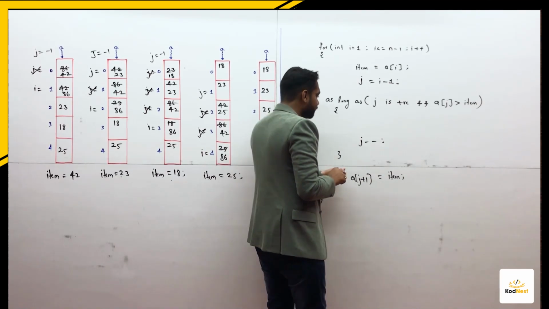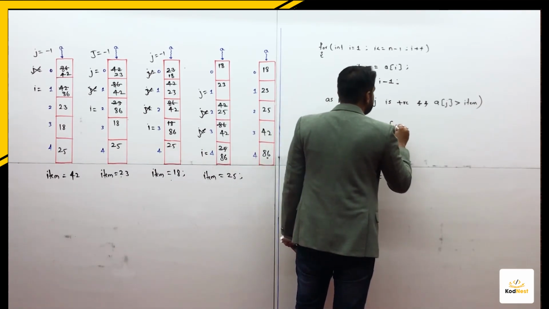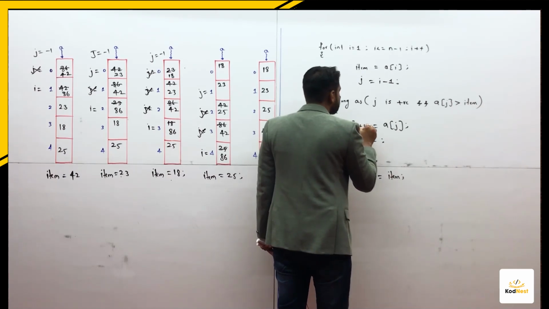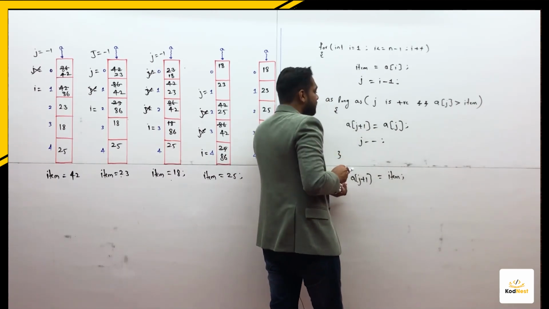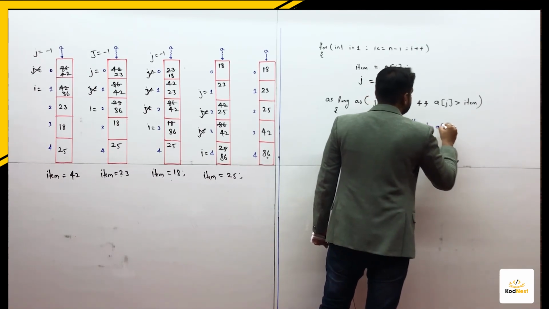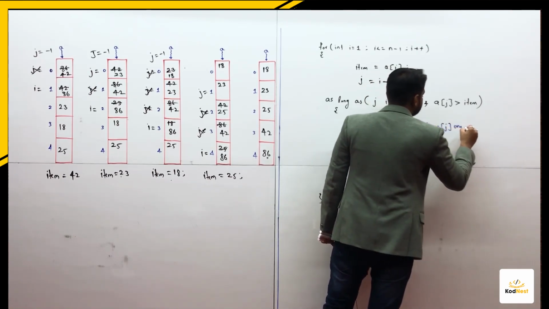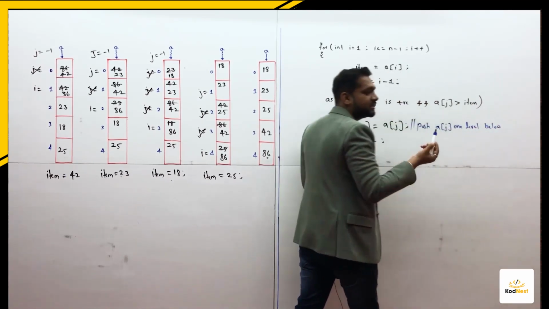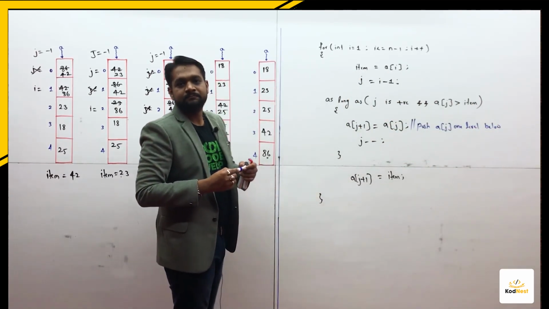It is nothing but giving whatever is there in A of J to A of J plus 1. This only is pushing A of J one level below.